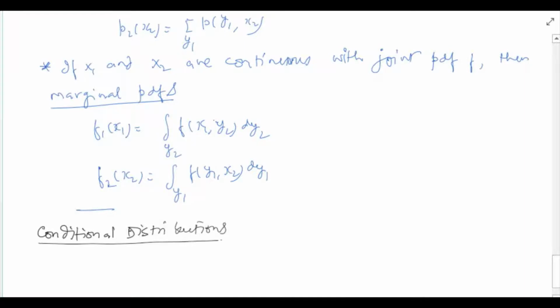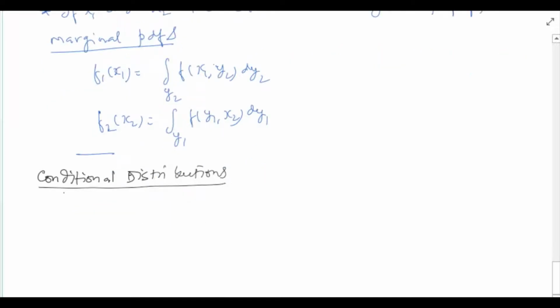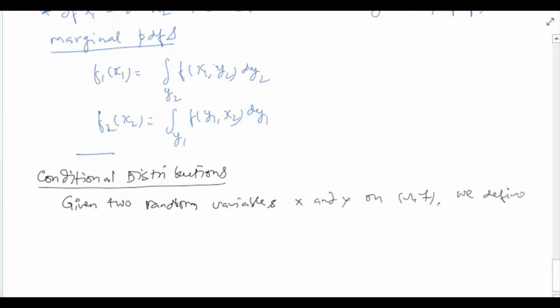Here we will restrict attention to two random variables. Given two random variables X and Y on the same space, say (Ω, F), we define the conditional distribution of X given Y equals small y.